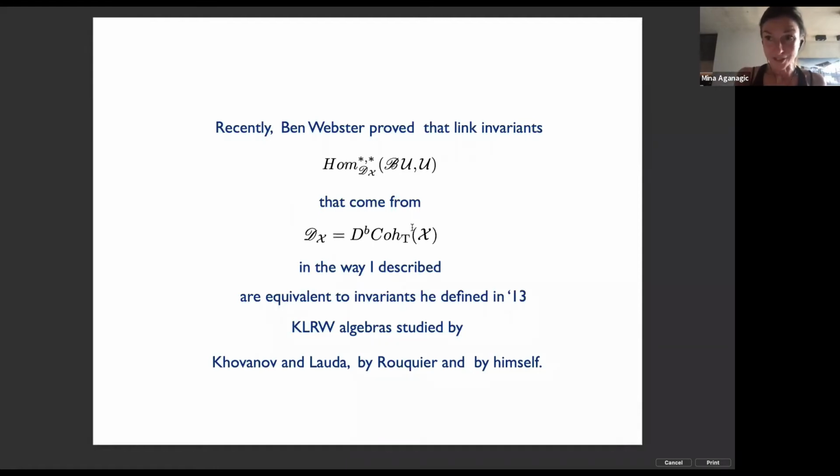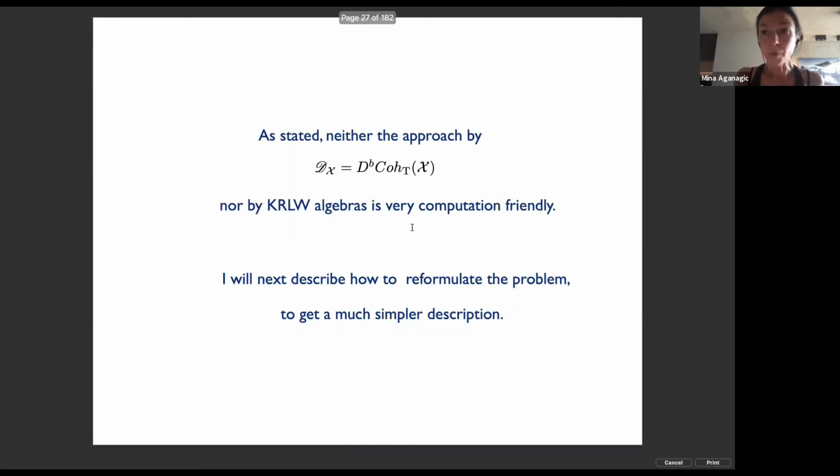And this geometric description that I provided not only reproduces what he had, but also improves the understanding of the caps in the theory. Moreover, as I said earlier, the story extends to links in R2 times S1, not just links in R3, and gives homological invariants of links in R2 times S1.